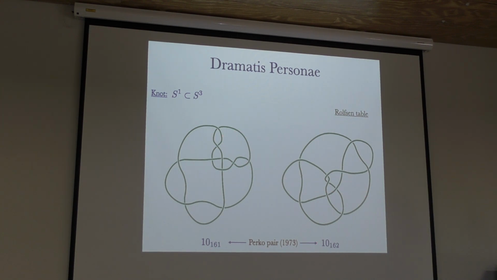People tried to distinguish these knots using various methods, and they found that they were always giving the same quantities. Eventually, Perko found the right Reidemeister moves to move this knot into this knot. So by inspection, it's extremely difficult to make sure that your list is, A, complete, and B, unique. This has always been a problem in generating these lists.